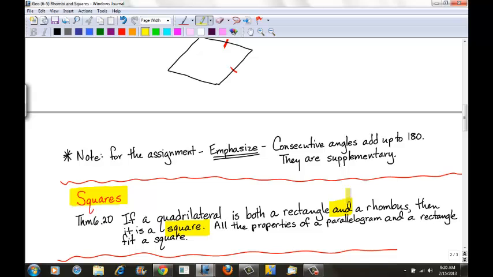If a quadrilateral is both a rectangle and a rhombus, then it is a square.